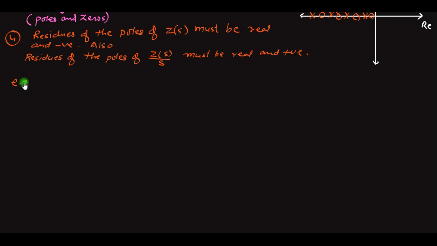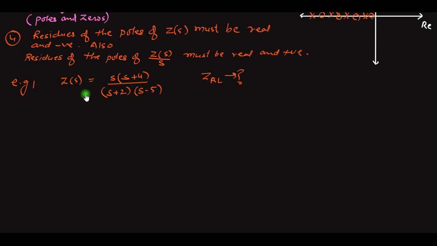Say we have this example 1. We are given this Z of S, which is equal to S into S plus 4 divided by S plus 2 into S minus 5. And we are required to check whether it is a ZRL function or not. So let us check all the properties of ZRL function.